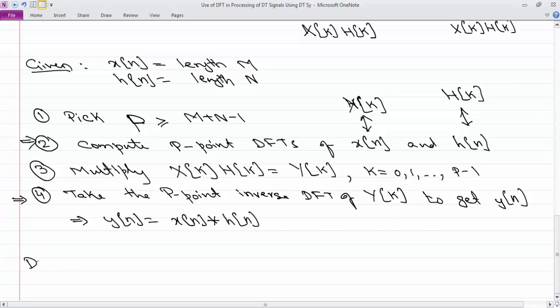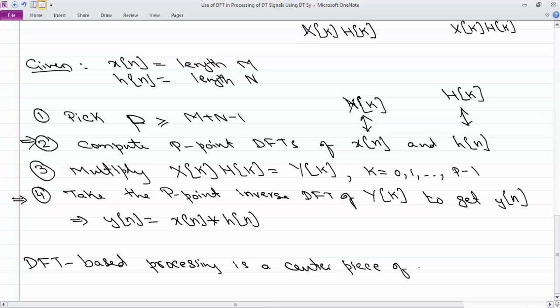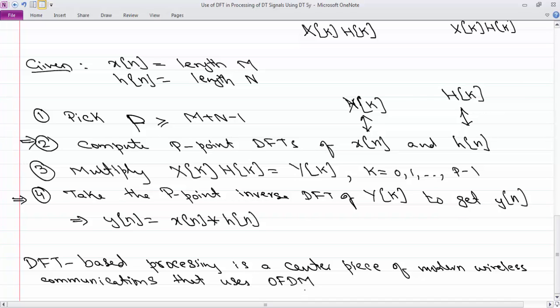In particular, this DFT based processing is a centerpiece of modern wireless communications that uses a modulation scheme called OFDM. Okay. In your cell phones, this particular operation is happening all the time.